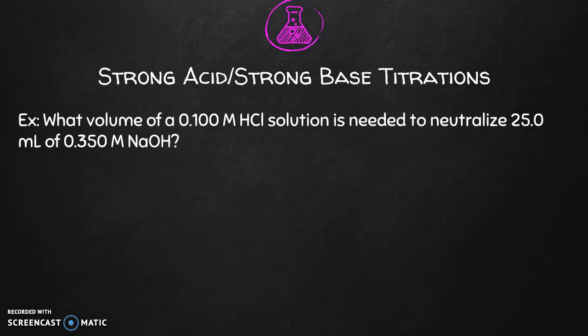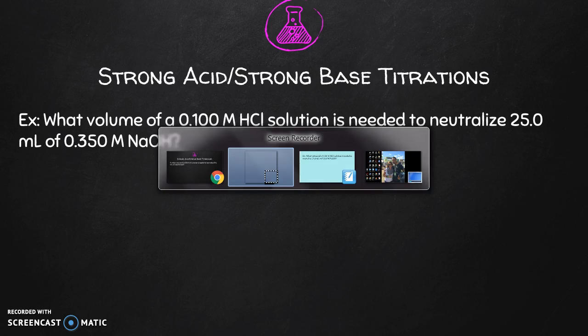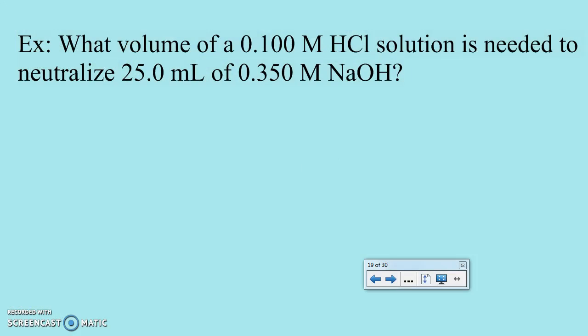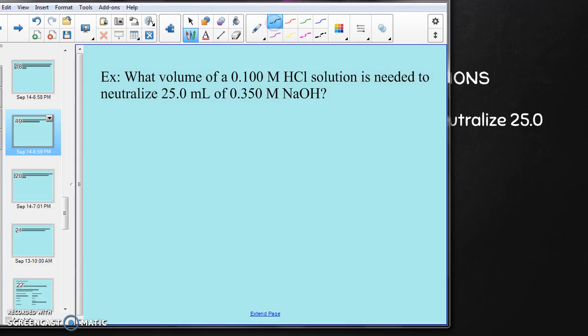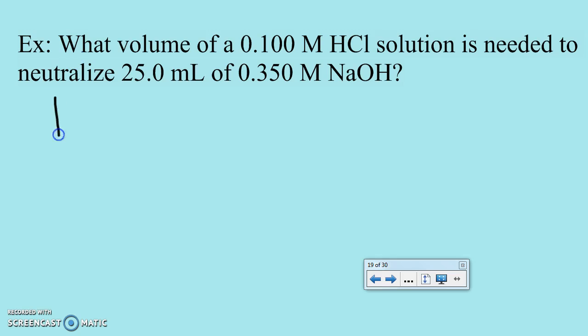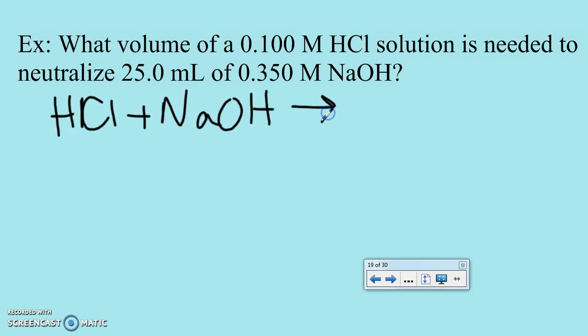All right, so for example, what volume of a 0.1 molar HCl solution is needed to neutralize 25 milliliters of 0.35 molar NaOH? Let's see here, the first step is to write the equation. HCl plus NaOH react in a 1-to-1 ratio, which is the important part here, to give us H2O and NaCl.